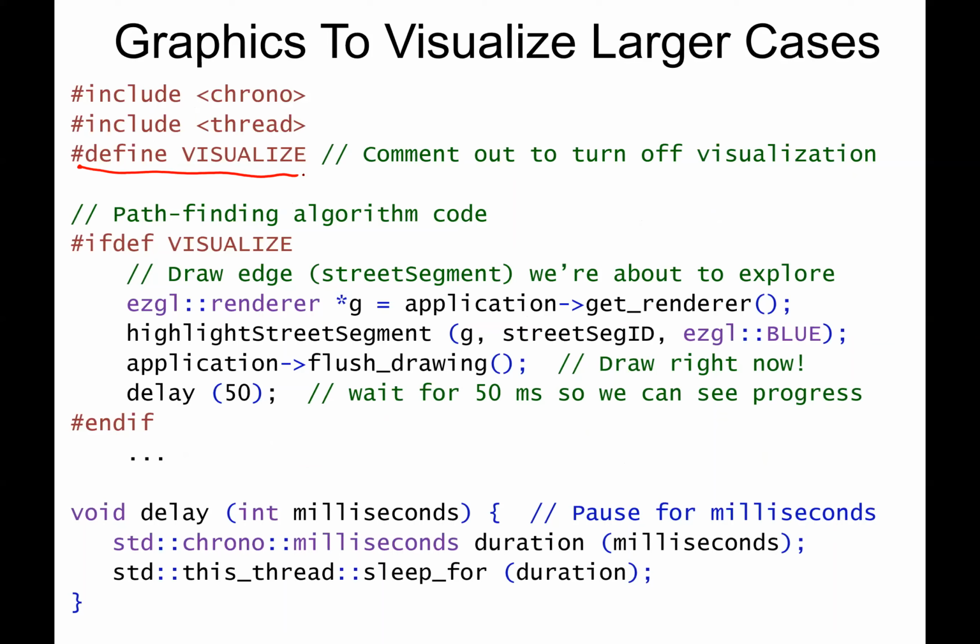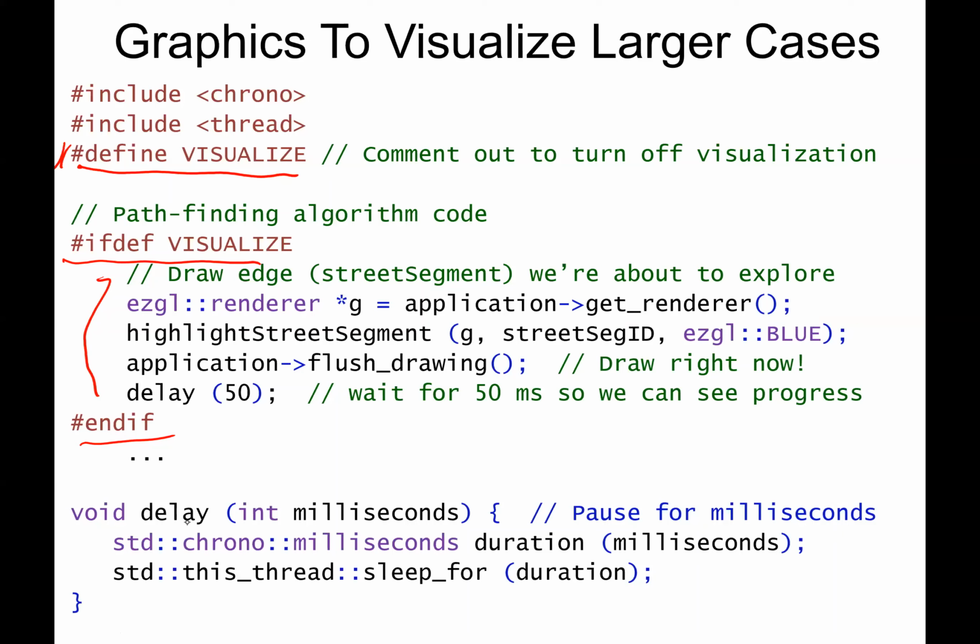So we've defined something called visualize, and we can put code that draws our solution inside what are called compiler guards: #ifdef VISUALIZE, #endif. If I comment out this one line, #define VISUALIZE, then none of this code will get compiled. So it won't cause you any problems for sure in the auto tester. Your visualization code is best put in compilation guards like that.